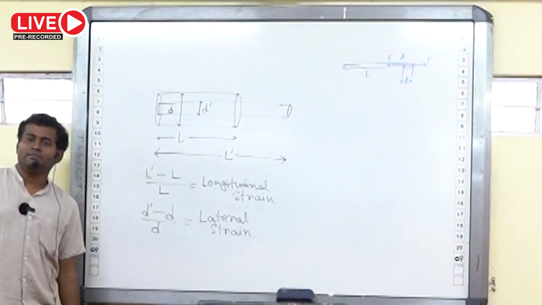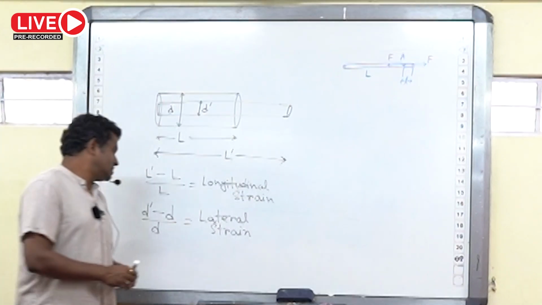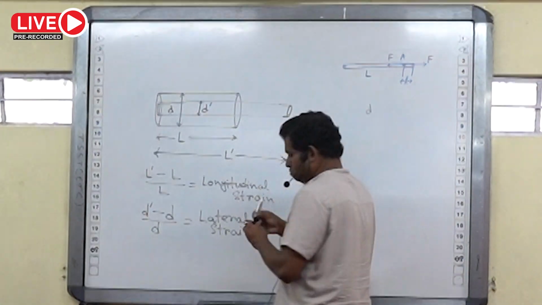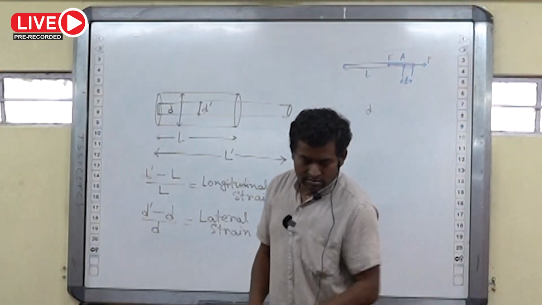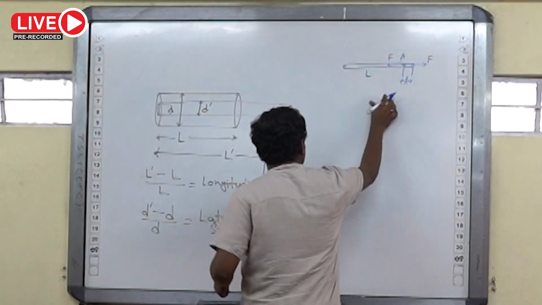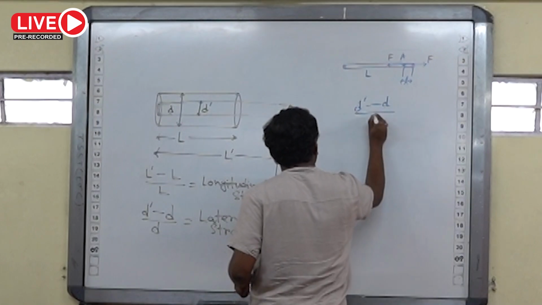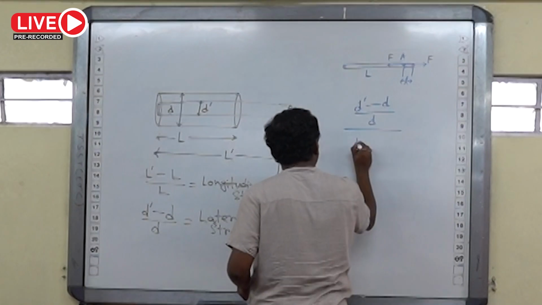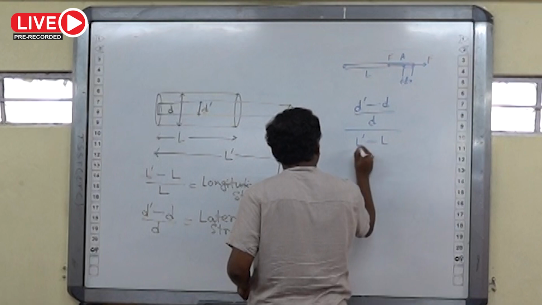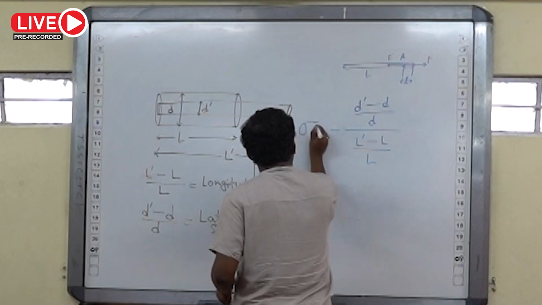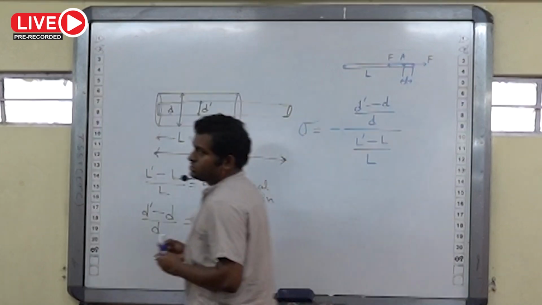Lateral strain by longitudinal strain, that is d prime minus d divided by d, divided by L prime minus L divided by L, with a minus sign, that is considered as sigma, called the Poisson's ratio.